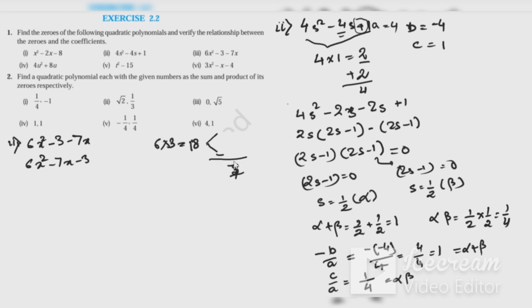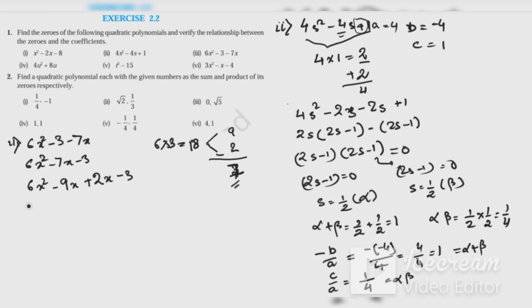Okay. So what are the factors I have? I have the factors as 9 into 2, which is 18, and the difference is 7. So I will write it as 6x squared minus 9x plus 2x minus 3. Since the bigger one will be minus, the smaller one will be plus.